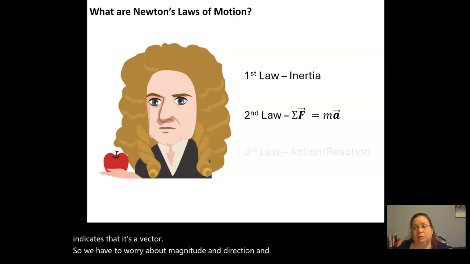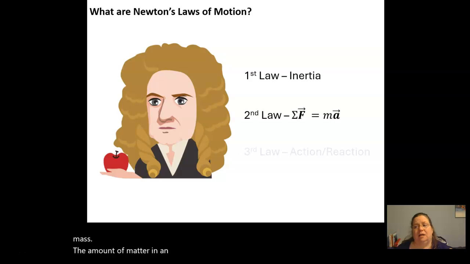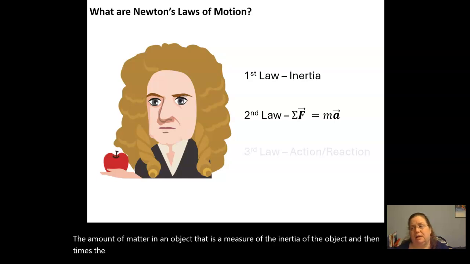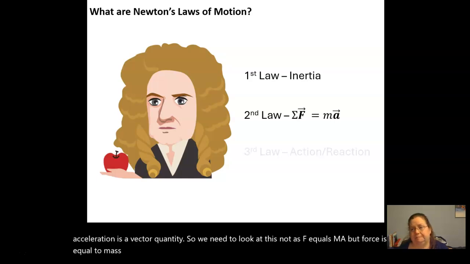And then that's going to be equal to mass, the amount of matter in an object. That is a measure of the inertia of the object, and then times the acceleration. And again, that acceleration has an arrow over top of it because acceleration is a vector quantity. So we need to look at this not as F equals ma, but force is equal to mass times acceleration.